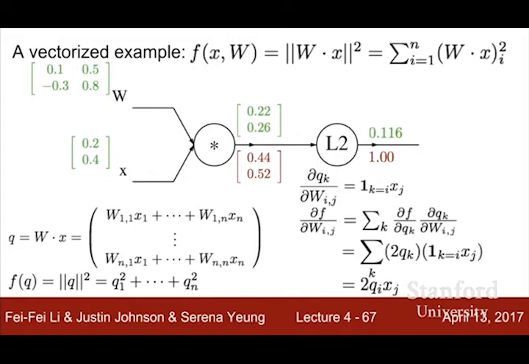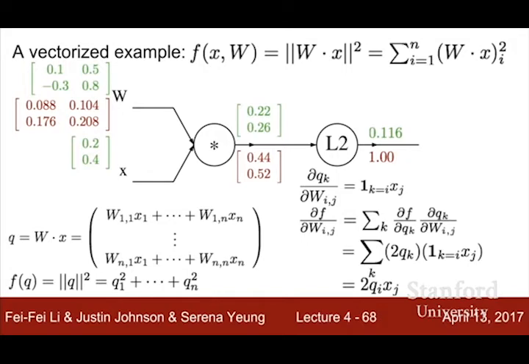So we find the effect of each element of W on each element of q and sum this across all q. And if you write this out, this gives the expression 2 times qi times xj. Okay, and so filling this out, we get this gradient with respect to W.